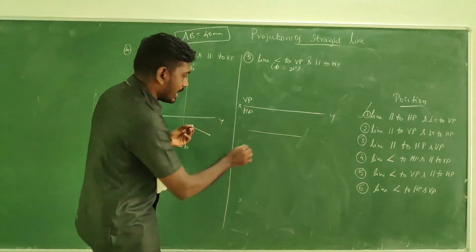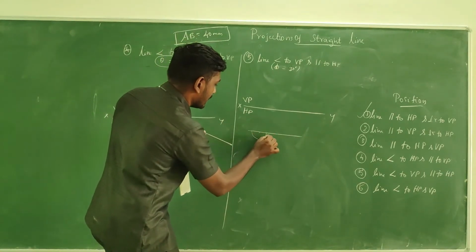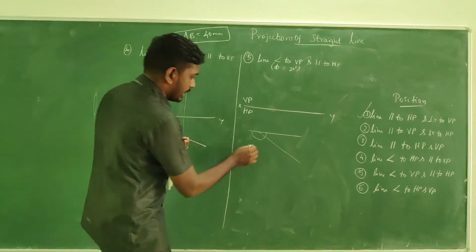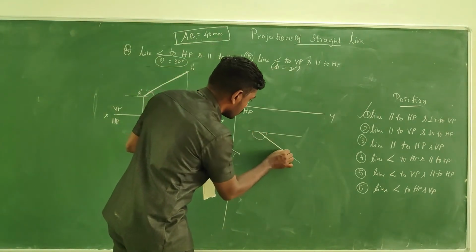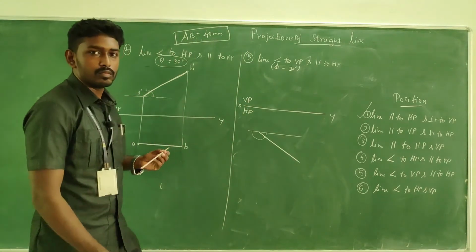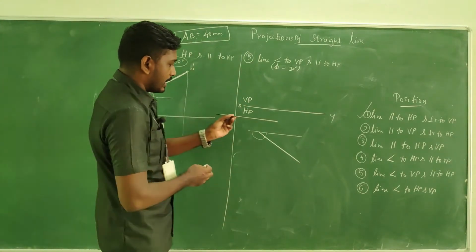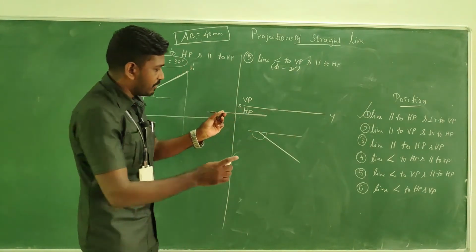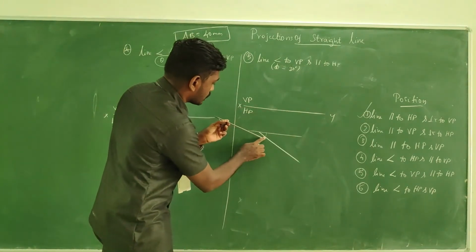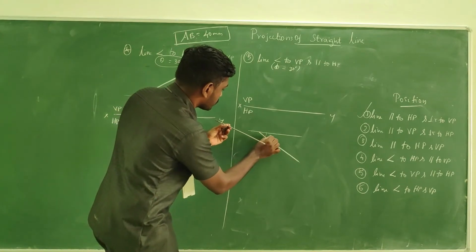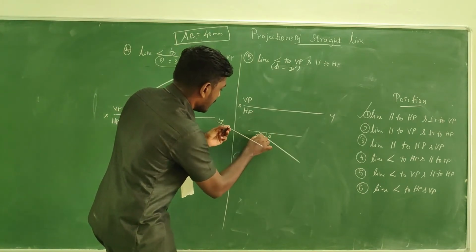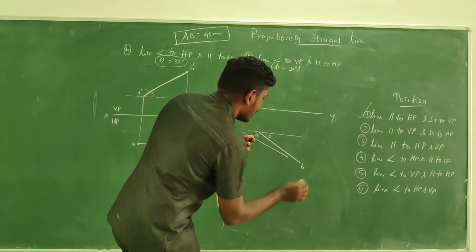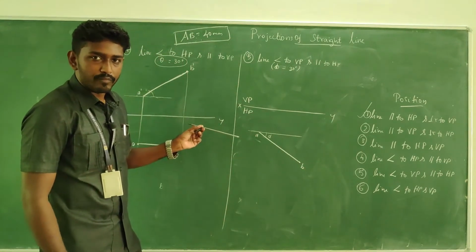Take the locus, keep your protractor like this, read 30 degrees and draw a line of 40 mm. Okay, this is the end A and this is the end B. In the projection, this would be A in the top view and this is the other end in the top view.